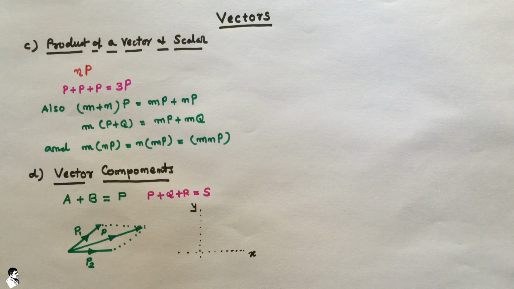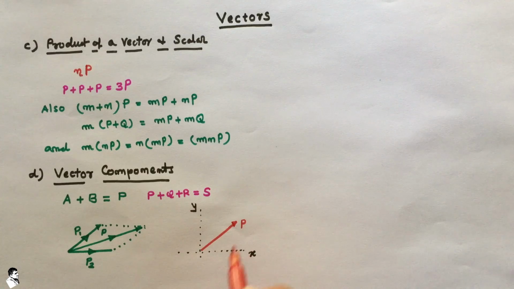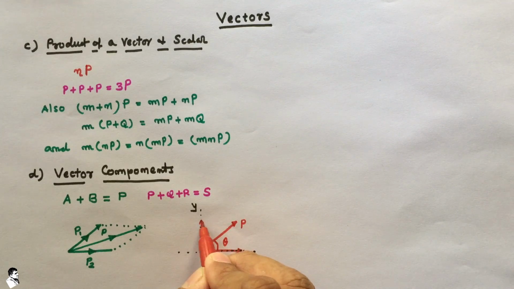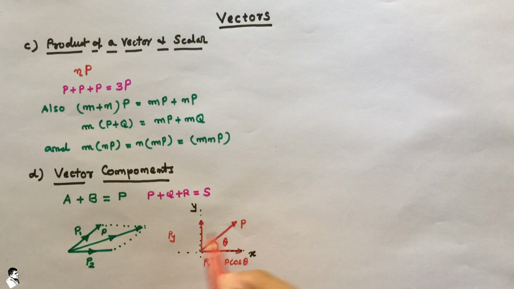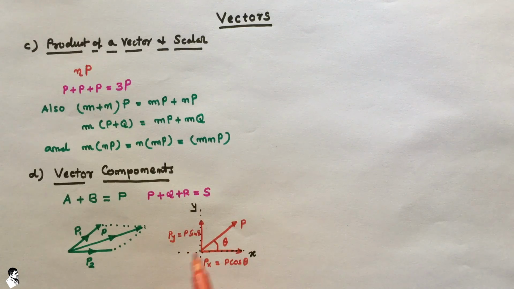Now let us consider the xy plane. In that we have a vector P, and considering the components of that, with theta as the inclination, we can write Px equals P cos theta, and the second component, Py, equals P sin theta.